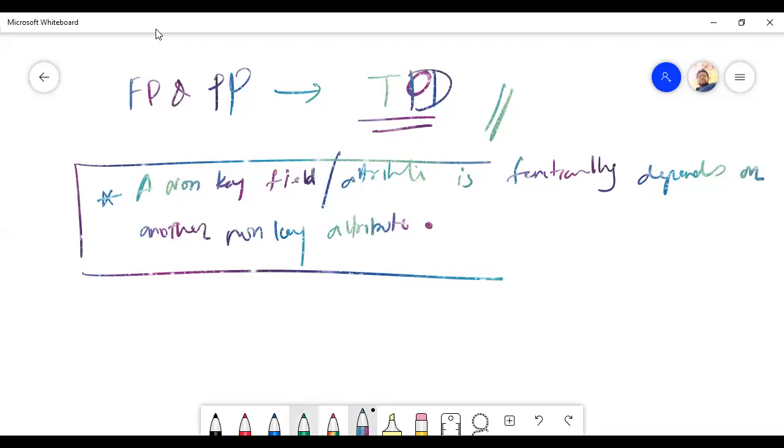You can understand this with this example. Now you can see A, B, C, D. Now A is a primary key, right?